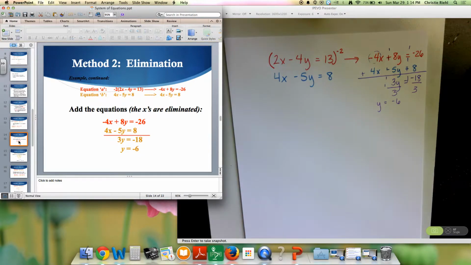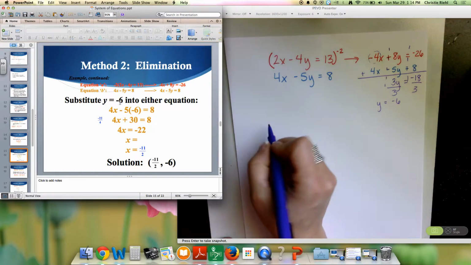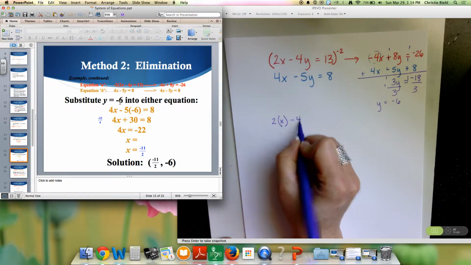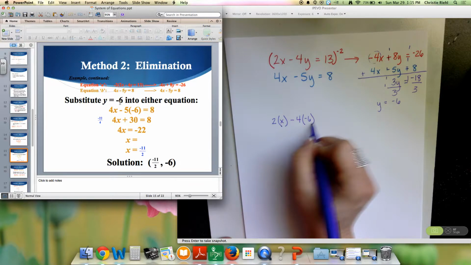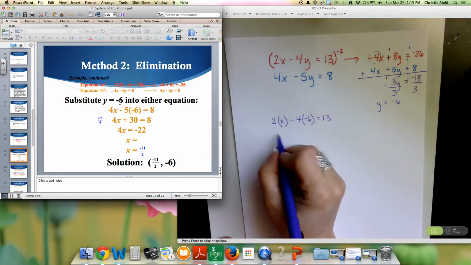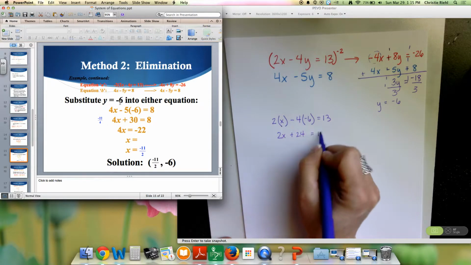Now, press pause and find your x value. So hopefully, you've come back and realized that once you have your solution of y is -6, you can substitute it into either equation. And when we do that, 2 times our x minus 4 times our y of -6 equals 13. When I do this, I've got 2x plus 24 equals 13.